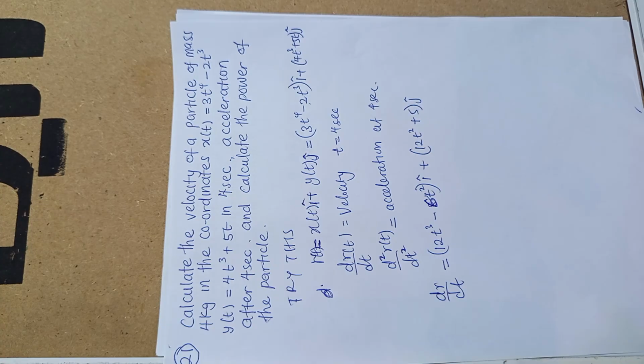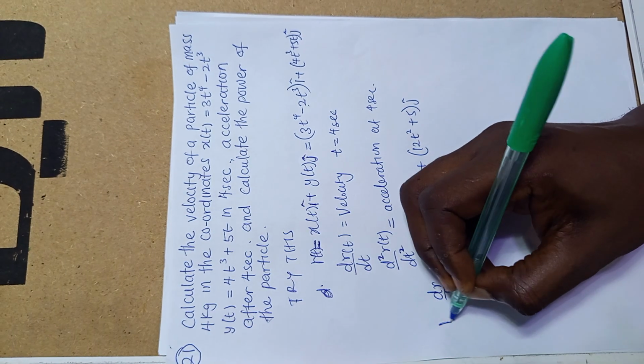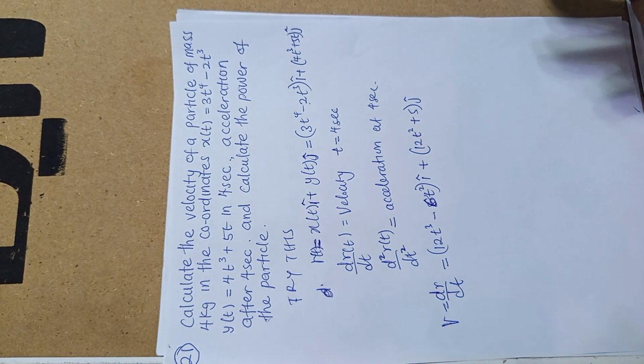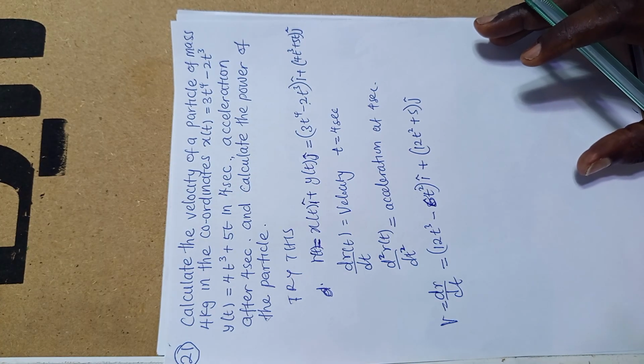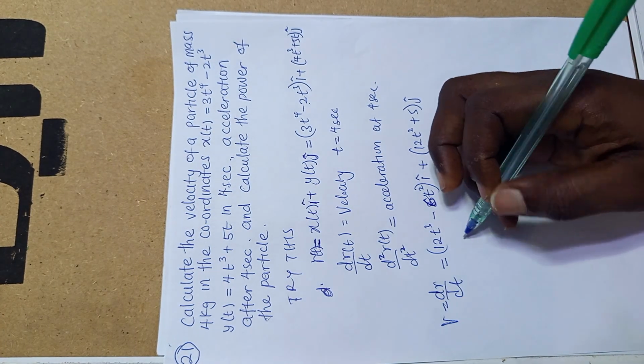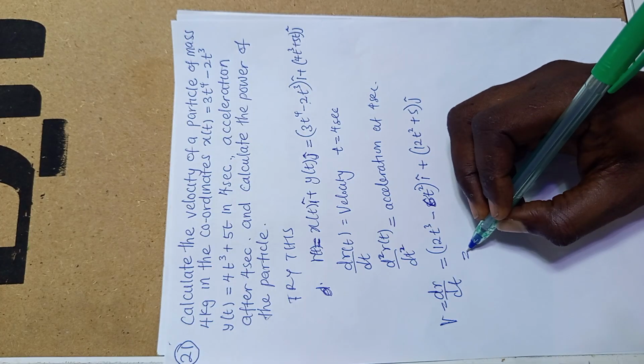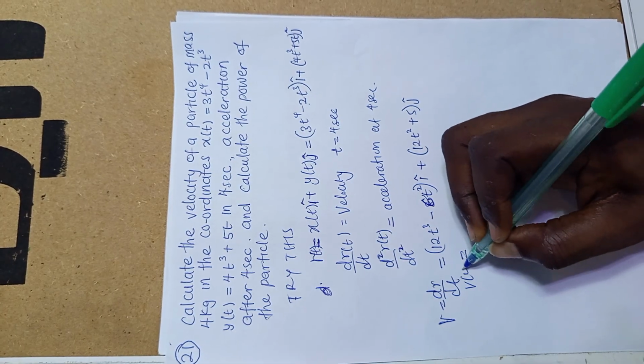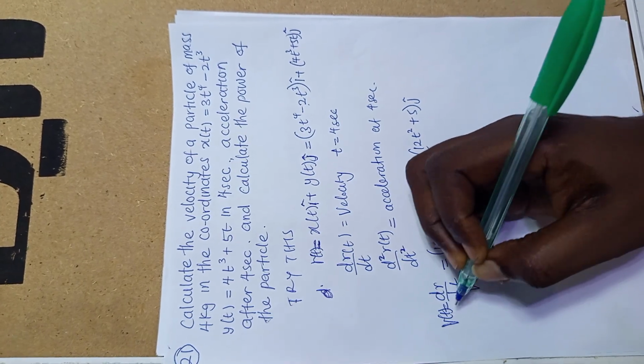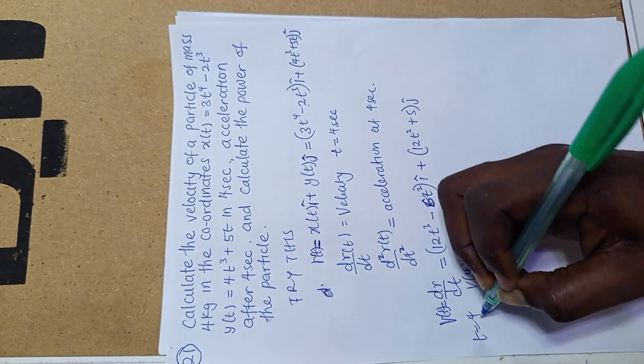Now this is the velocity. If this is velocity, then to get acceleration, first of all, let us put in our v of 4. For this v of t, let's take t to be equal to 4.